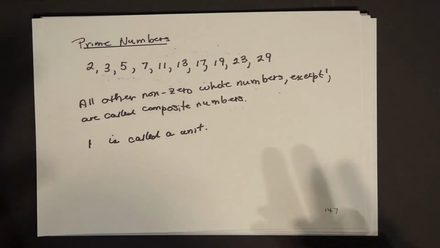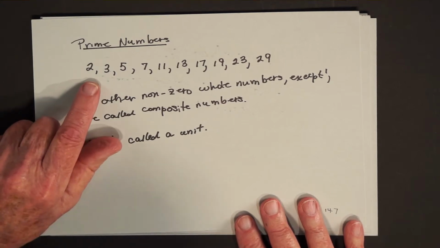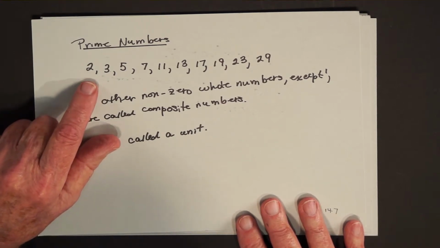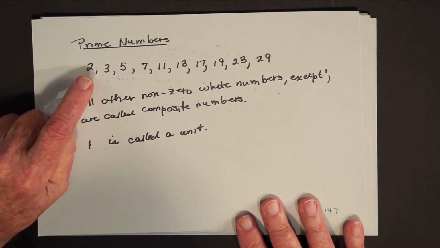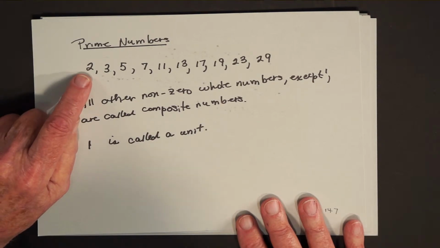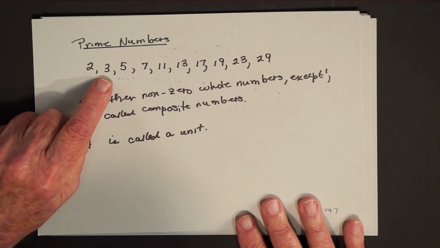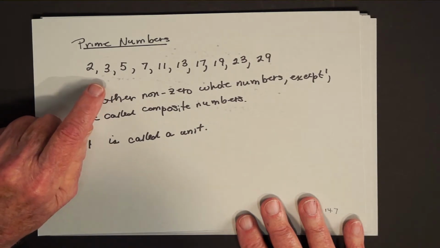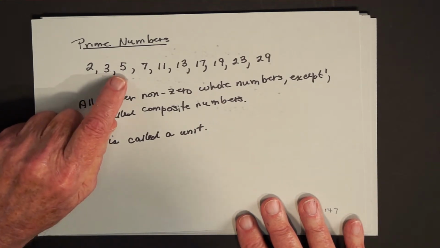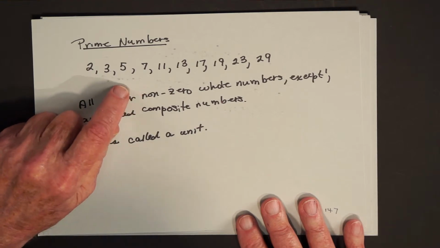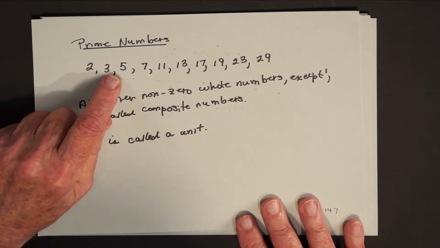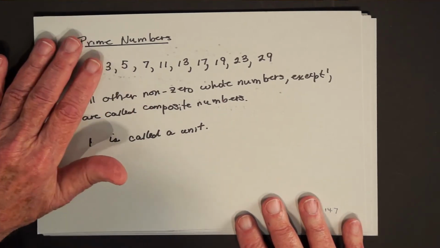And by the way, if a number can only be arranged as a rectangular array in 2 ways, we call that number a prime number. See, 2 can be written as 2 times 1 or 1 times 2. That's all. 3 is 3 times 1 or 1 times 3. 4 is 1 times 4 or 4 times 1, but it's also 2 times 2, so we don't call that a prime number.